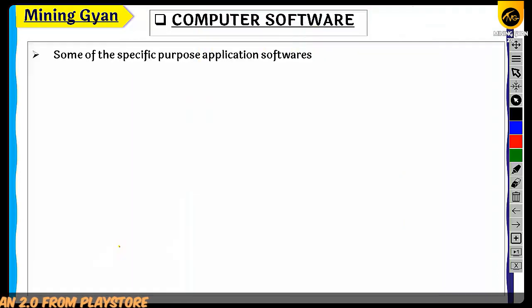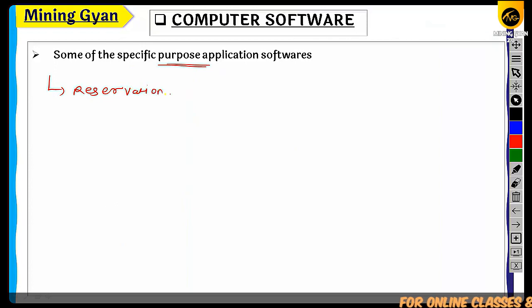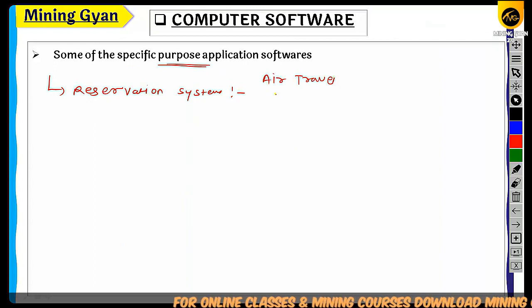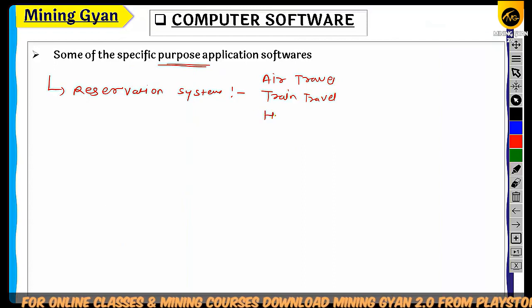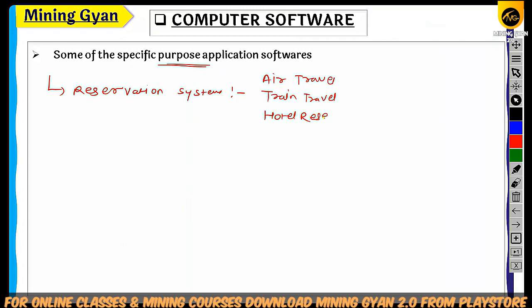Some examples are reservation systems, like reservation for air travel, train travel, hotel reservation, car rent, bike rent, even cab booking.